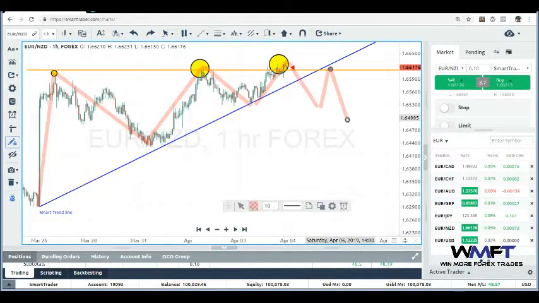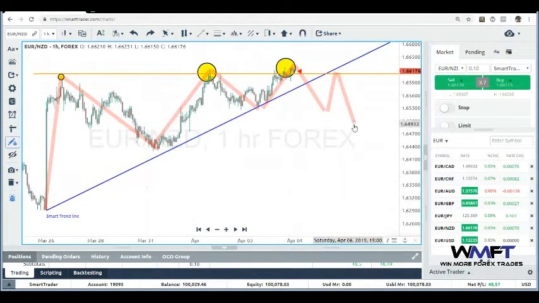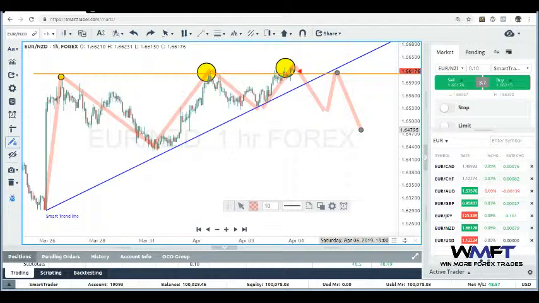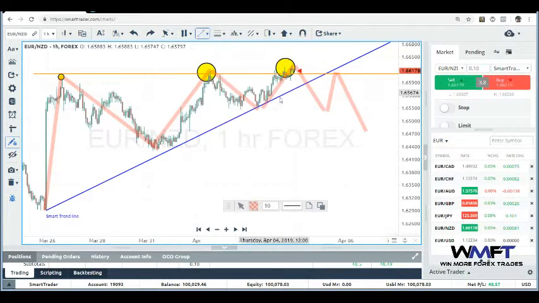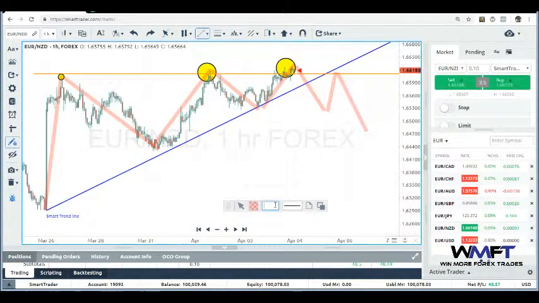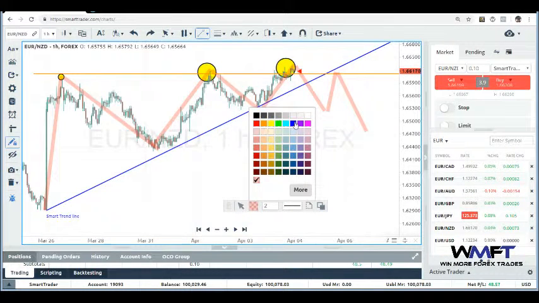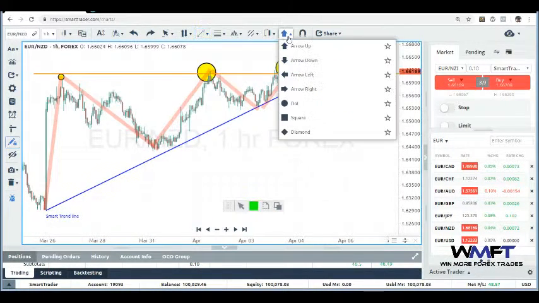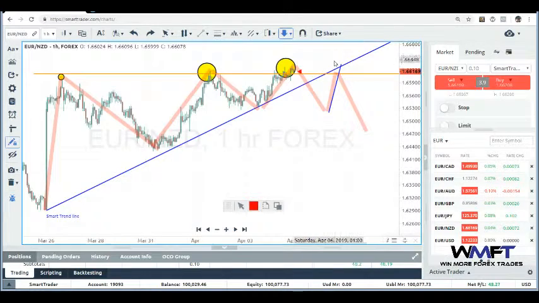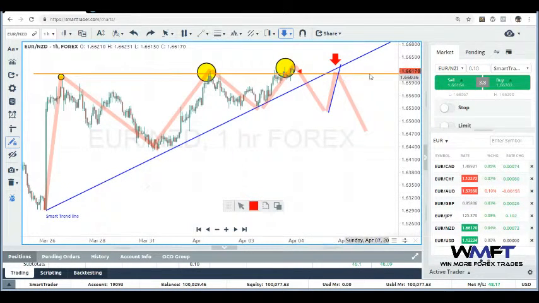Then at that counter trend line break right here is where we start selling the market. So we don't have a sell trade right now at the moment. We're waiting for the market to set up, and once the market gives us the signal, then we'll start selling the market. Bam, right there.